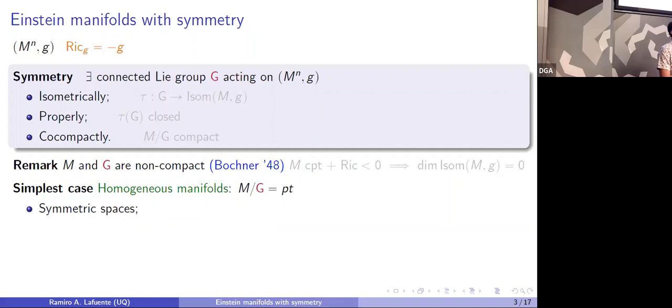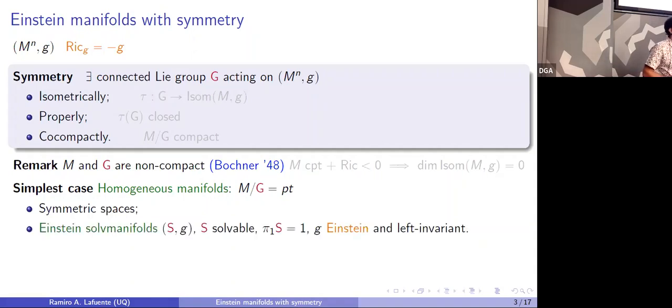But let me mention some non-symmetric examples, right? So the first non-symmetric homogeneous Einstein manifolds of negative scalar curvature are these so-called Einstein solvmanifolds, right? So this is a fancy name for some very simple object. It's a solvable Lie group, which is simply connected, and it has a left invariant metric, which happens to be Einstein, okay?